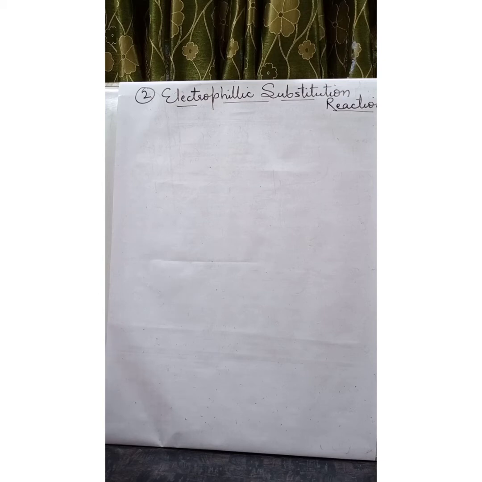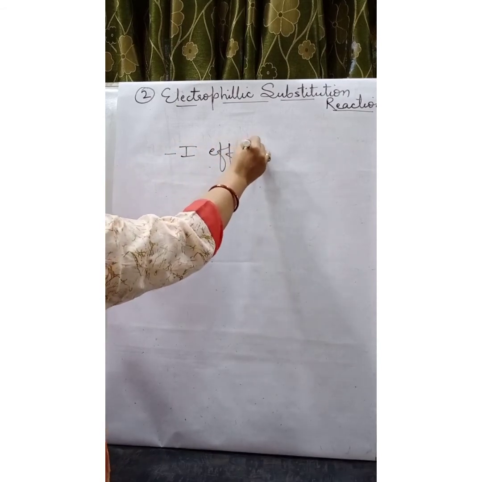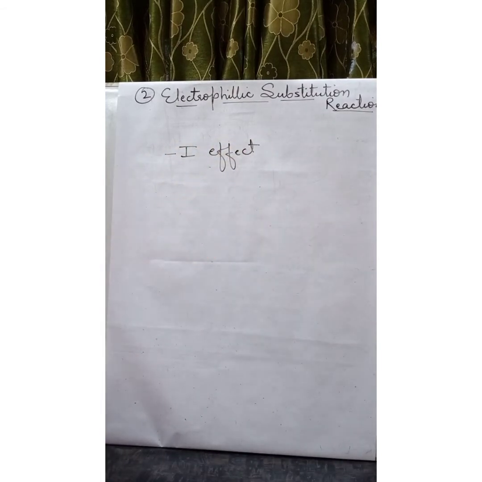Further, the halogen atom, because of -I effect, destabilizes the benzene ring as it withdraws electrons from the benzene ring. Hence, the electrophilic substitution reaction in haloarenes occurs slowly and requires more drastic conditions.